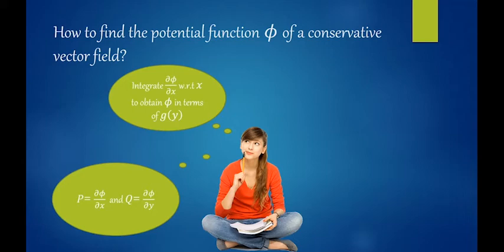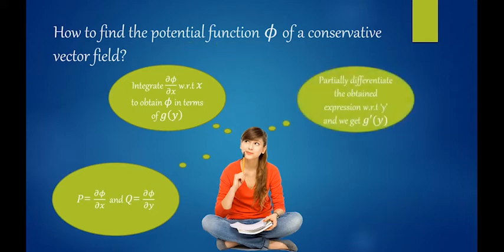For that, we will partially differentiate the expression that we have obtained, and in that partially differentiated expression, we will have g dash of y. So once we obtain phi in terms of g of y, the partial differentiation of phi with respect to y, ∂phi/∂y, will have an expression of g dash of y.